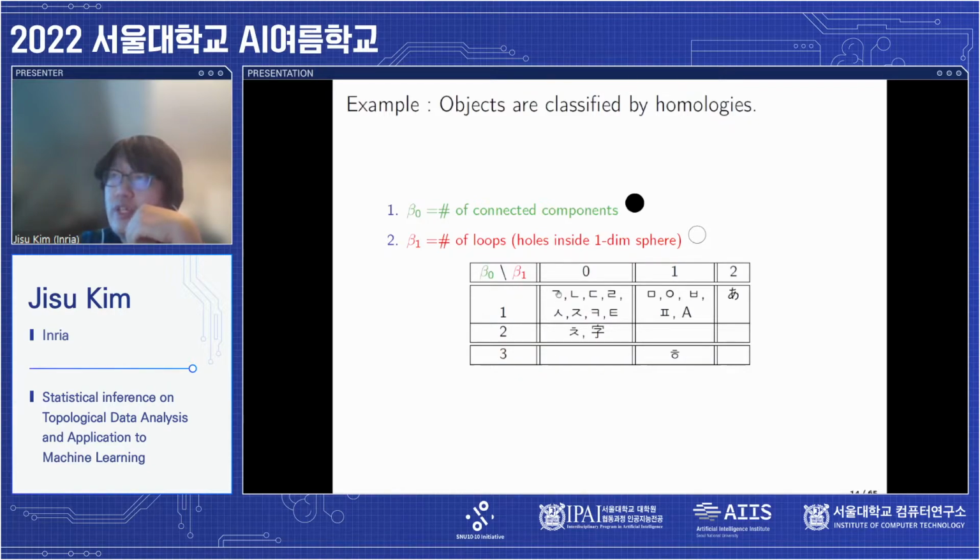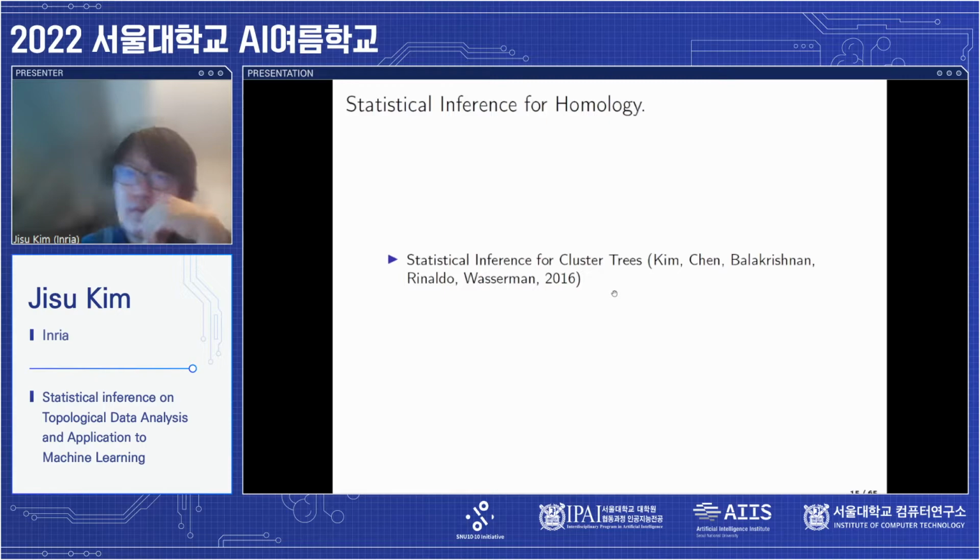So the objects that fall into the same category have the same hole structures. And relating to this, I will briefly introduce the statistical inference for the cluster trees.